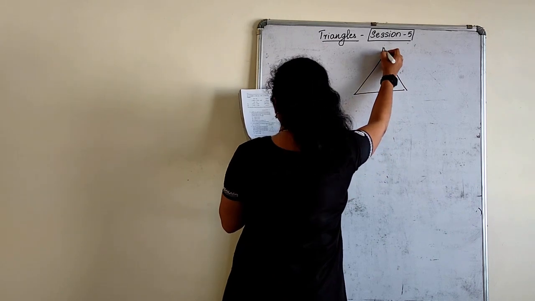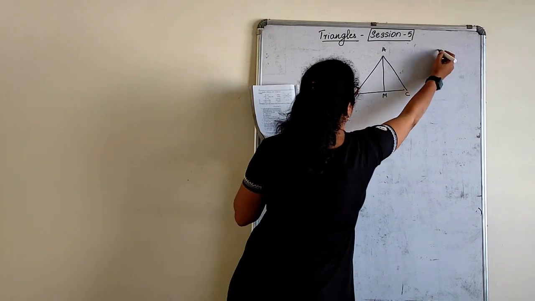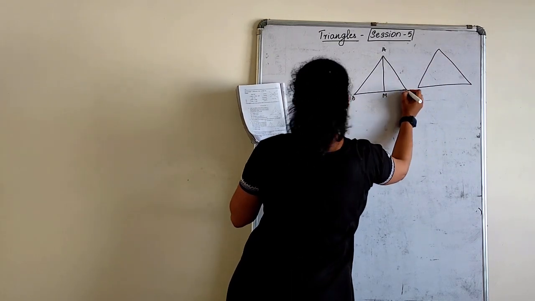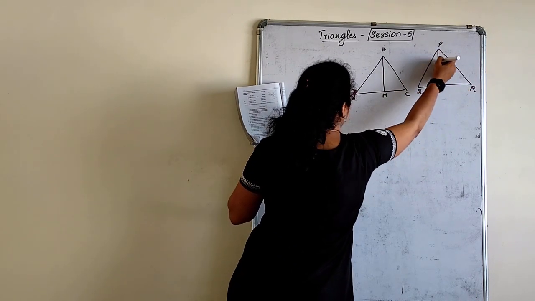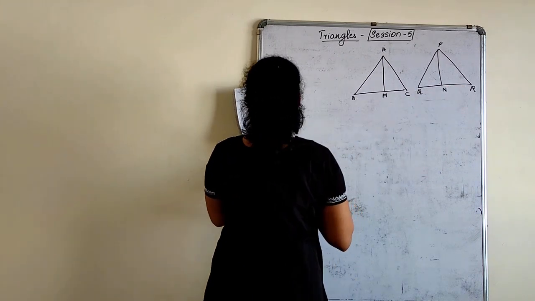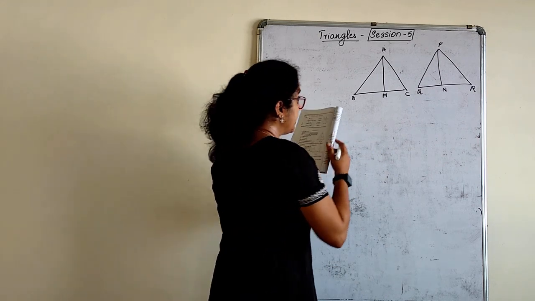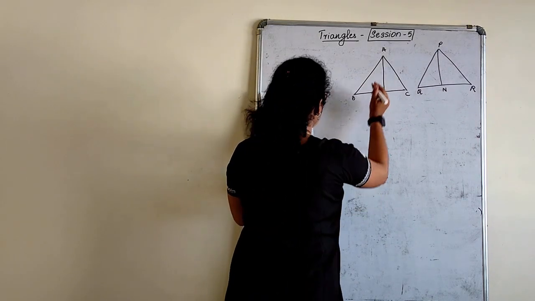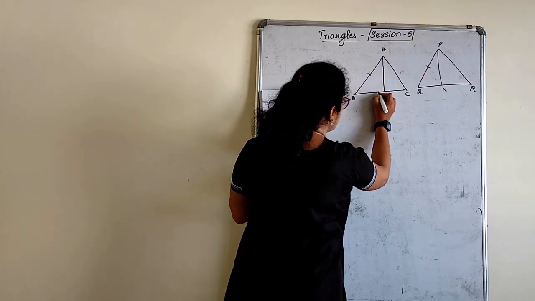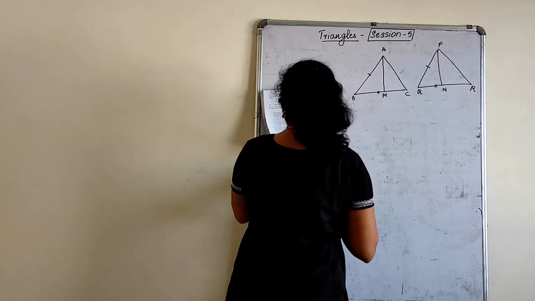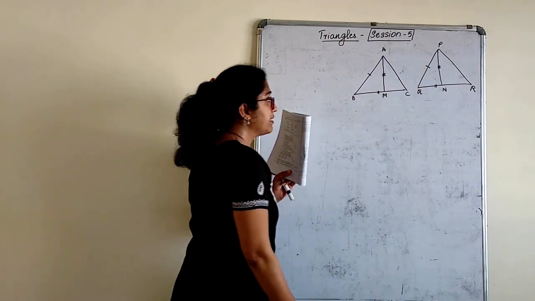So this is one triangle A, B, C and this is M, and another triangle which is P, Q, R and this is N. According to them, two sides AB, BC and median AM of a triangle are equal to the corresponding parts of the other, so AB is equal to PQ, then BC is equal to QR, and the medians of the triangles are equal.